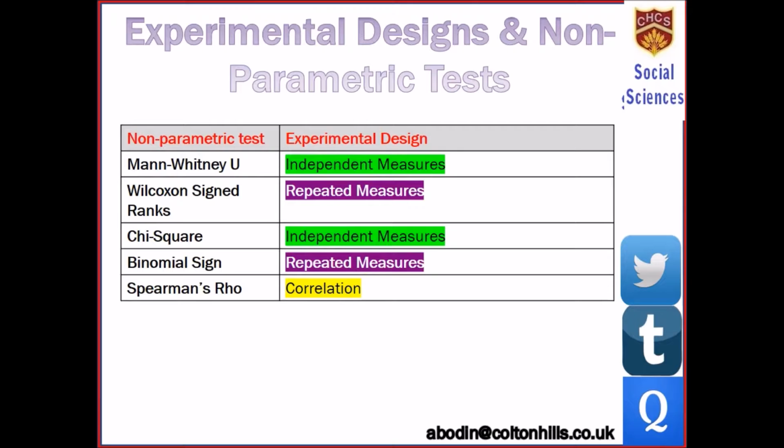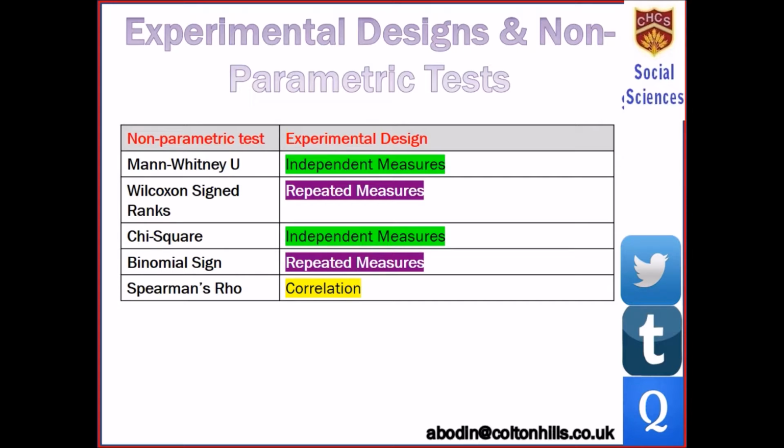Now, thinking ahead, depending on when you are watching this revision video, you may have already covered non-parametric tests within psychology, within the OCR specification, or you may not have done it yet. But just to make you aware that the experimental design that is used within research is one of the criteria that affects which non-parametric tests you can use.